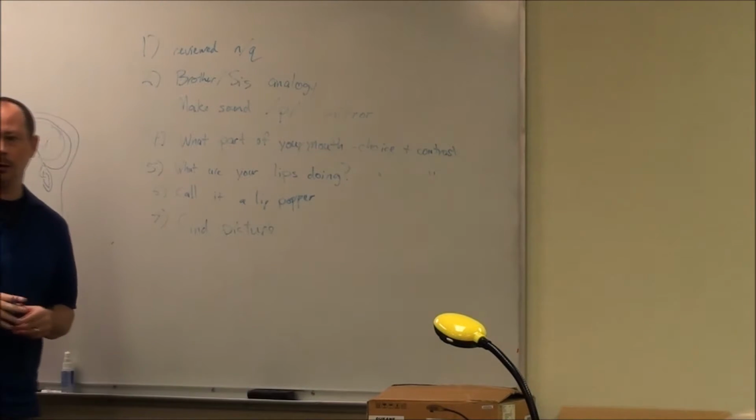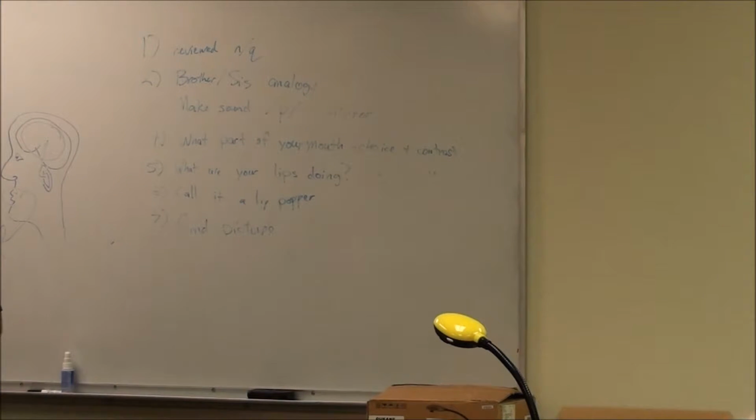If they make an error, later on we're gonna be going over error handling. Find the picture of the sound. Remember, it's more of a focus on the sound. That's why we talked about the sound first, then we went to the picture, and then finally we went to the letter.